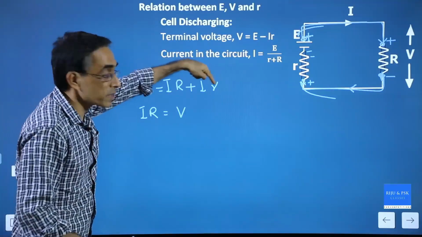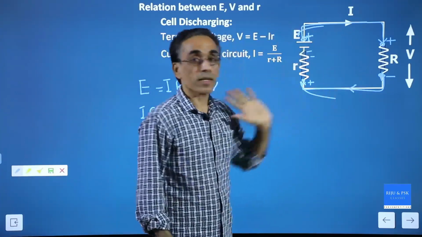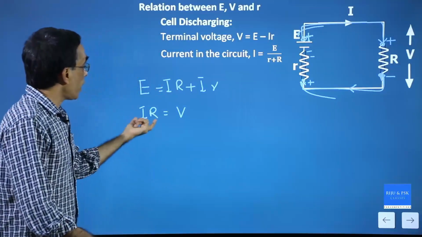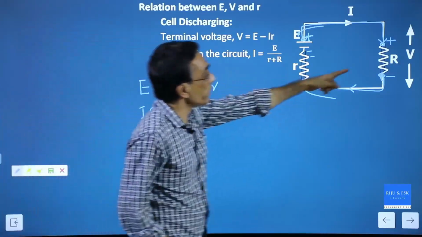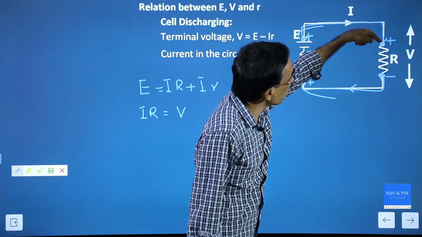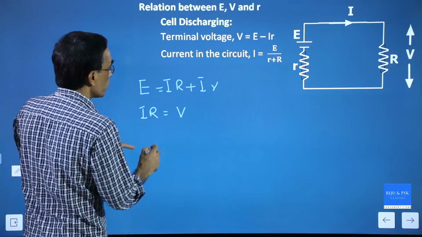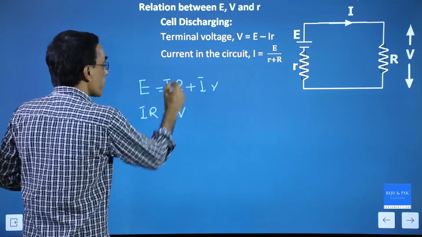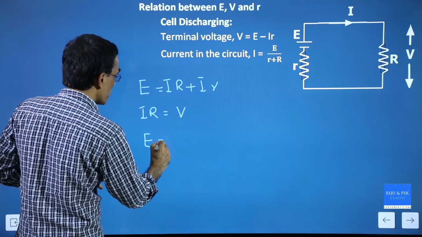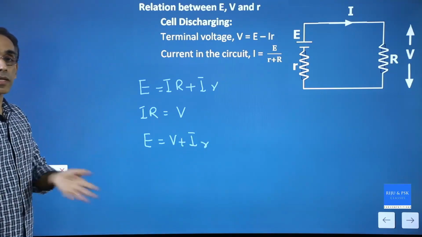E equal to IR plus Ir. Idea: given equal to taken. IR equal to V. V is the terminal voltage of the cell, which is also equal to voltage across this one because of the connection. So therefore I can write E equal to V plus Ir.